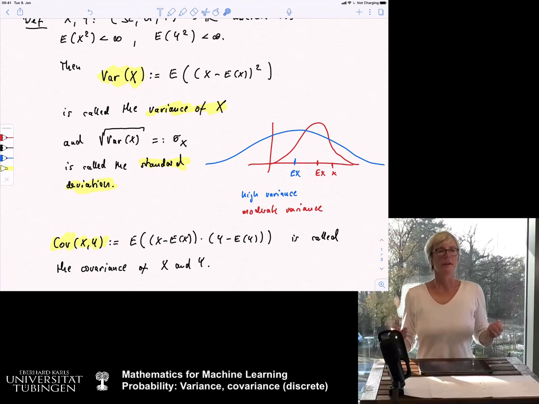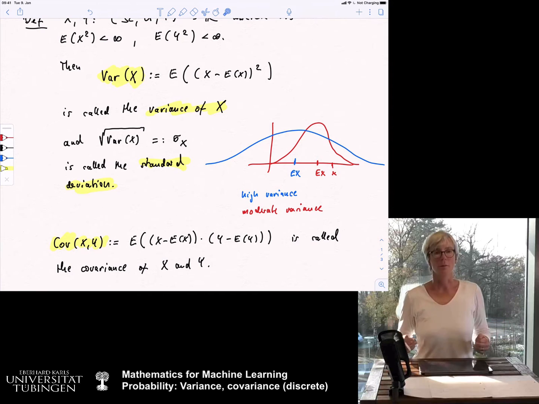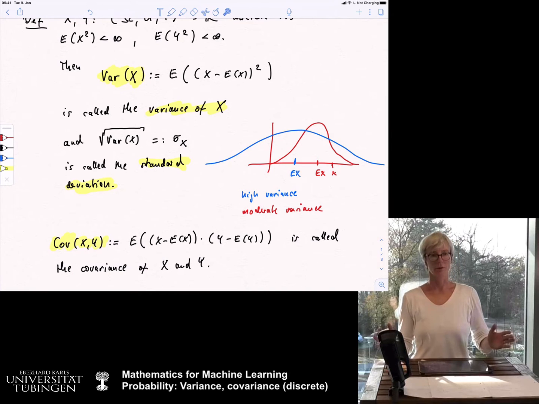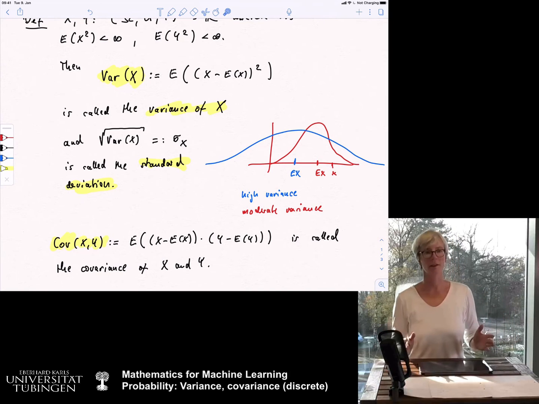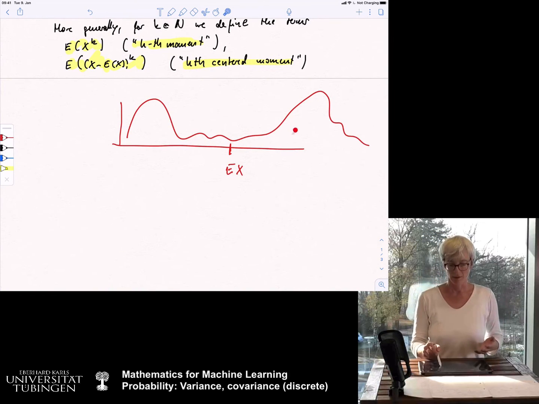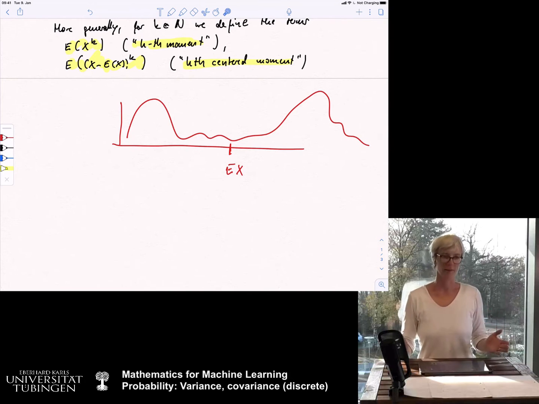Now, characterizing a distribution with just one number may be a bit too ambitious. Maybe you need more numbers. So the next moment you use is the variance. In the case of a normal distribution, if you know the expected value and the variance, you know everything about your distribution. It is completely characterized in this way. But if you have a more complicated distribution, like the one I've plotted here, even if you know the variance, it doesn't tell you everything.